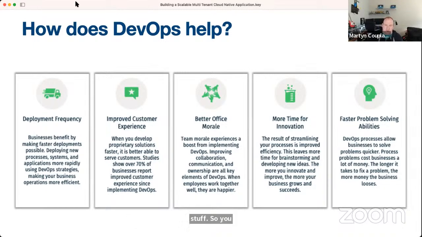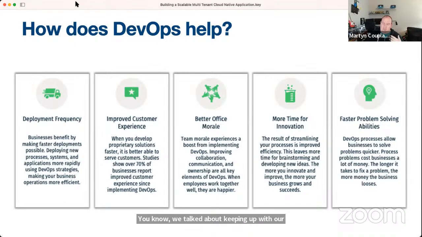So, just a quick recap on how DevOps actually helps. There's obviously a load of benefits to DevOps, but I've tried to pick business related ones in this as well. Deployment frequency, really big one. We talked about keeping up with your competitors.